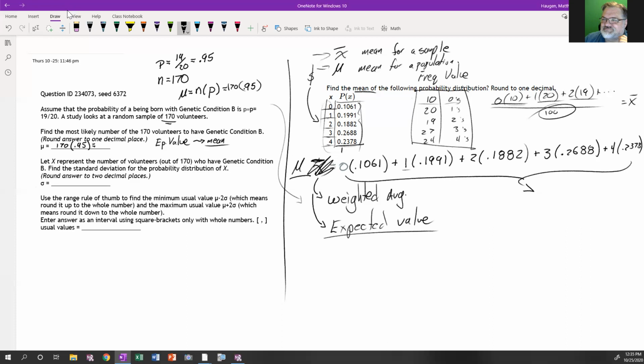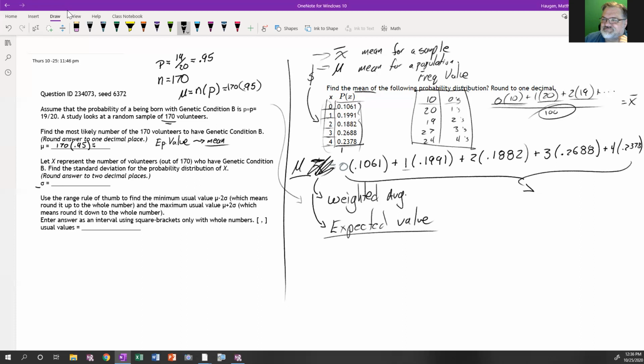Now, we expect standard deviation to be a little bit more difficult. Again, from the language here, let capital X represent the number of volunteers who have this genetic condition. So that's, again, our binomial distribution. Find the standard deviation for the probability distribution. That sounds a lot more complicated than it is.